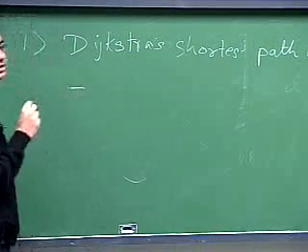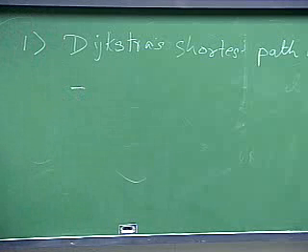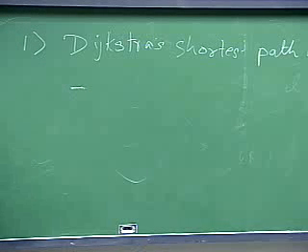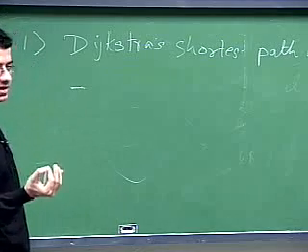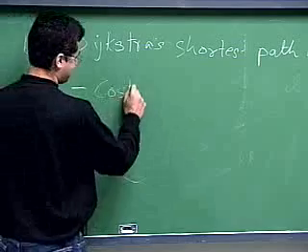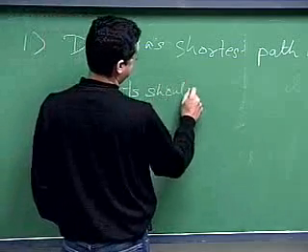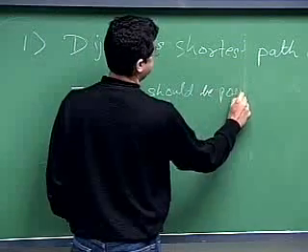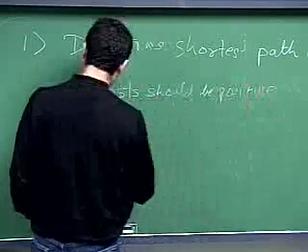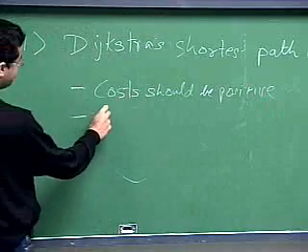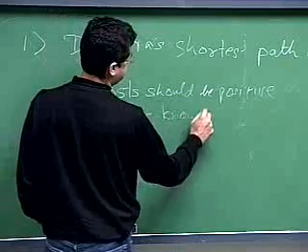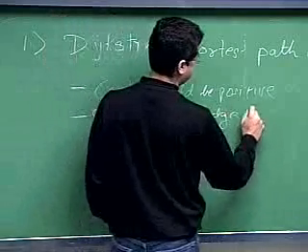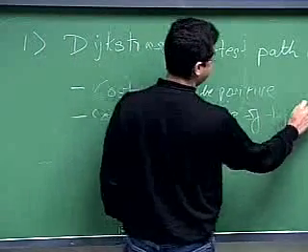What are the assumptions behind using this algorithm? Cost should be positive. Well, that we are assuming. Yeah, cost should be positive. More importantly, complete knowledge of topology is needed.